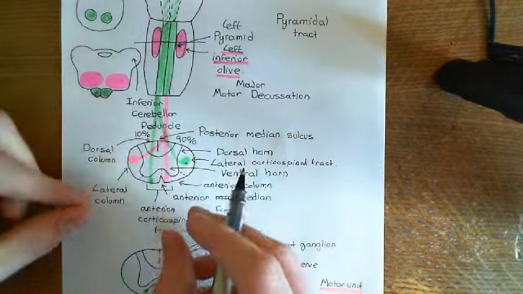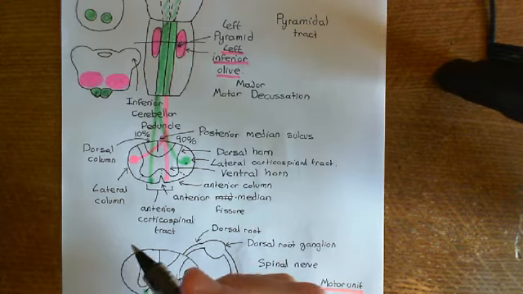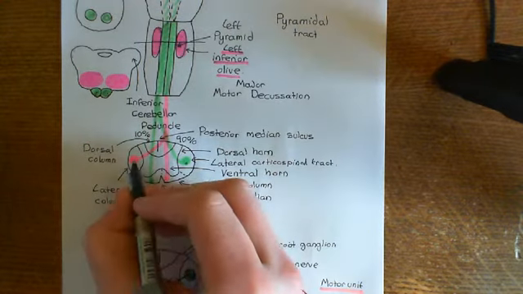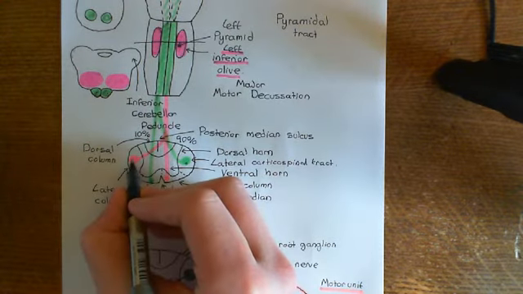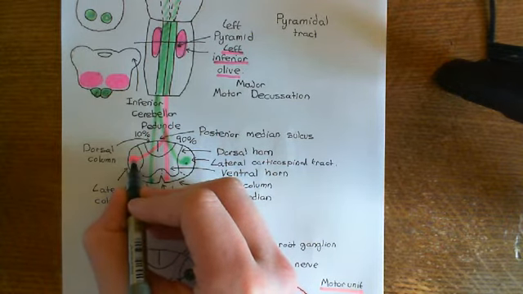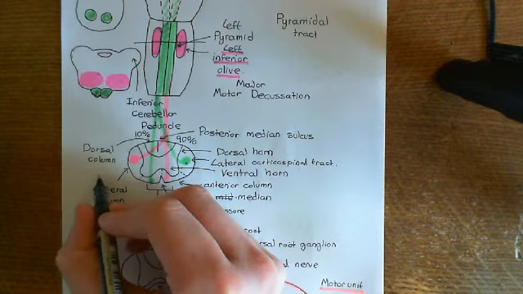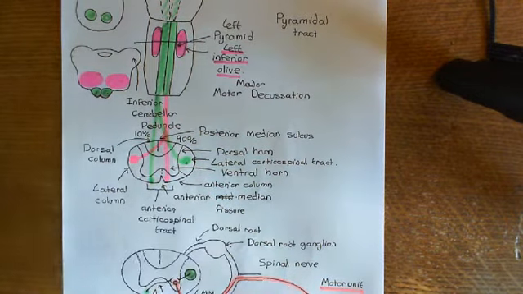These will descend until they get to the level of the lower motor neuron that they actually want to innervate. Now if we're talking about an axon that is in the lateral corticospinal tract, then all it has to do is move this short distance into the ventral horn here, and then innervate that lower motor neuron, which will then go out of the ventral horn and out of the ventral root and then go to the skeletal muscle fibers.